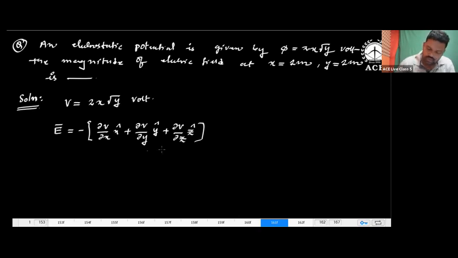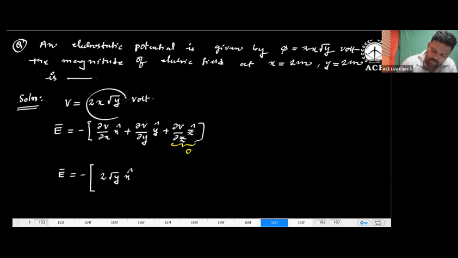There won't be any differentiation with respect to z, beta. So here E is equal to minus differentiation of this one with respect to x. So here it is 2 root y x cap. Differentiation of this one with respect to y, beta. So what are you going to get?